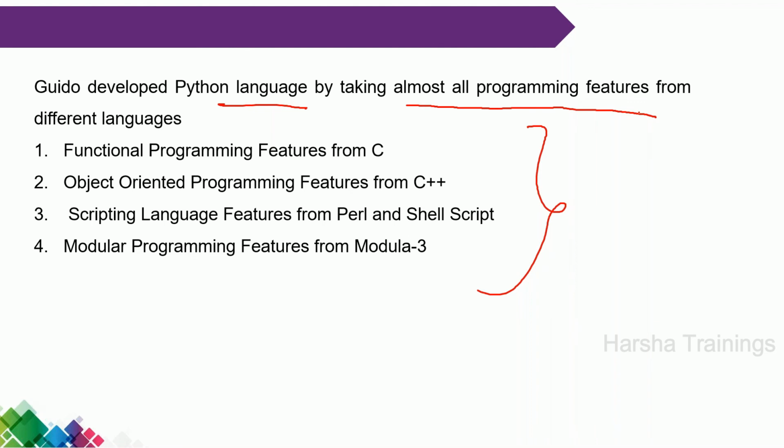Each programming language has some best feature. So Python is developed by extracting the best features from existing languages. Suppose functional programming is the best feature available in C. So the functional programming feature of C is extracted and it is available in Python. The object oriented feature of C++, and the scripting language feature of Perl and Shell script, these are the two languages.